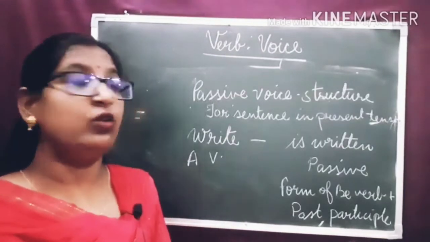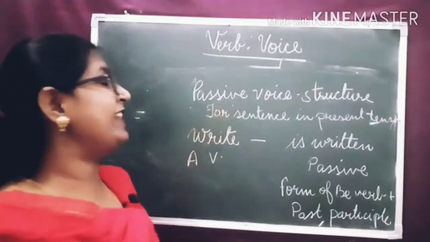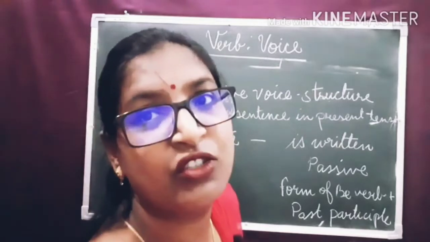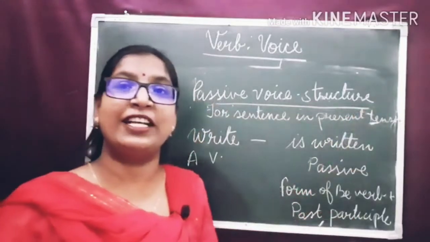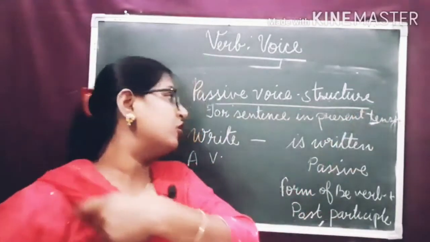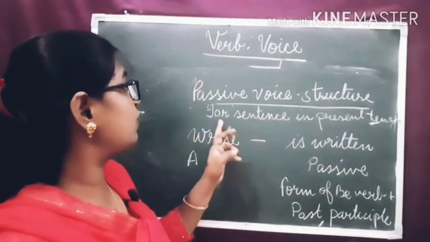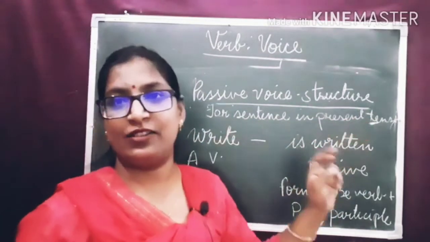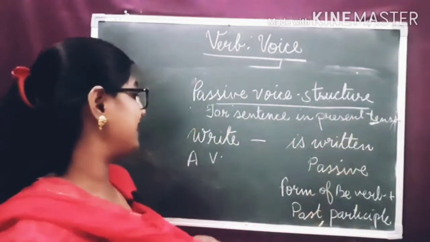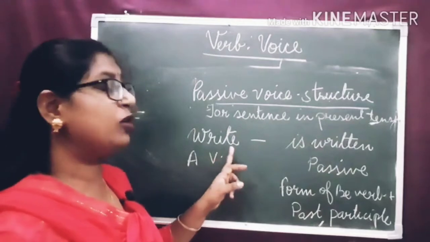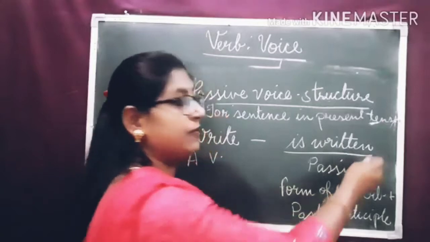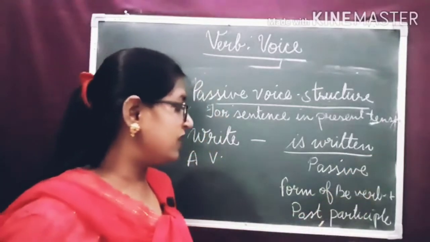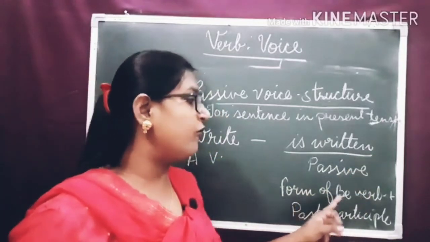Now dear children, look at the board. Passive voice structure. What is the structure of passive voice? How to change from active to passive voice? We change the form of the verb, and this example is for a sentence in present tense. Dear children, if in active voice the verb is write, in passive voice it is written. Is written. Dear children, we use forms of be verbs.